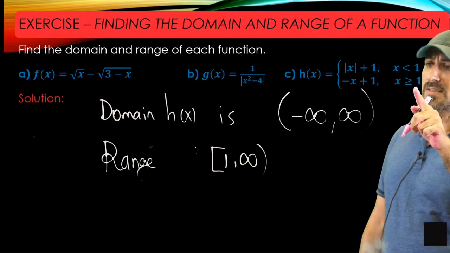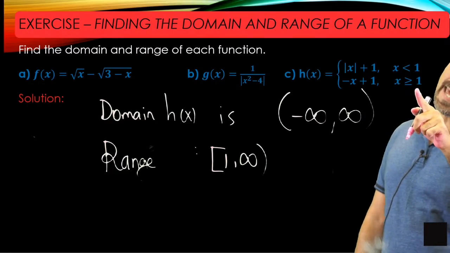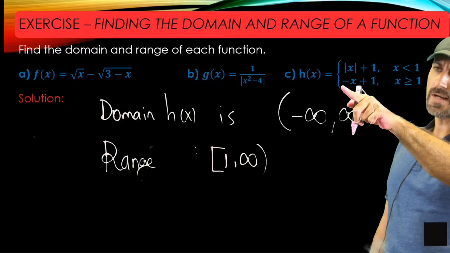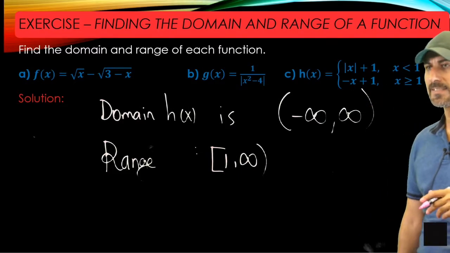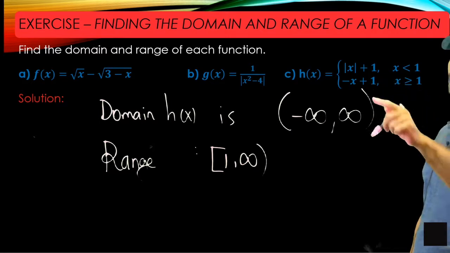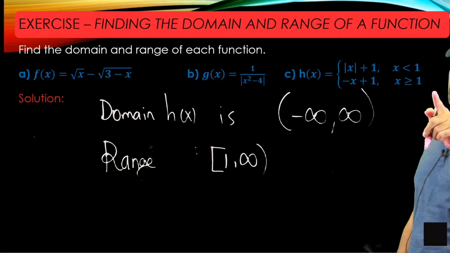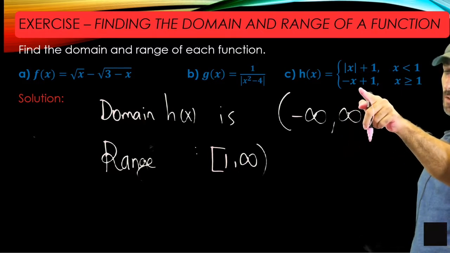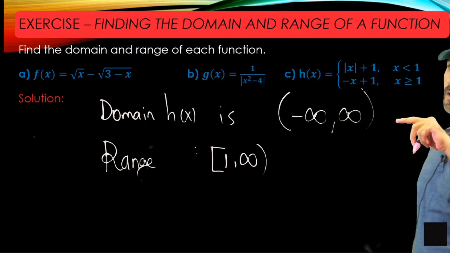And from the second piece, let's see what we have here. So when x is greater than or equal to 1, the corresponding values are going to be what? 1 minus x. So you're subtracting those values coming from here from 1. Well, first off, when x equals 1, you achieve 0 to start with because it's minus 1 plus 1.